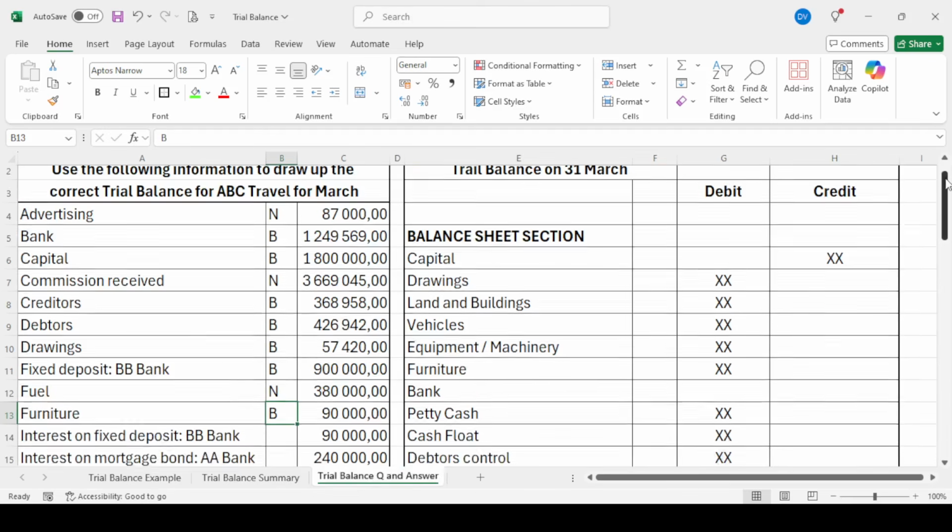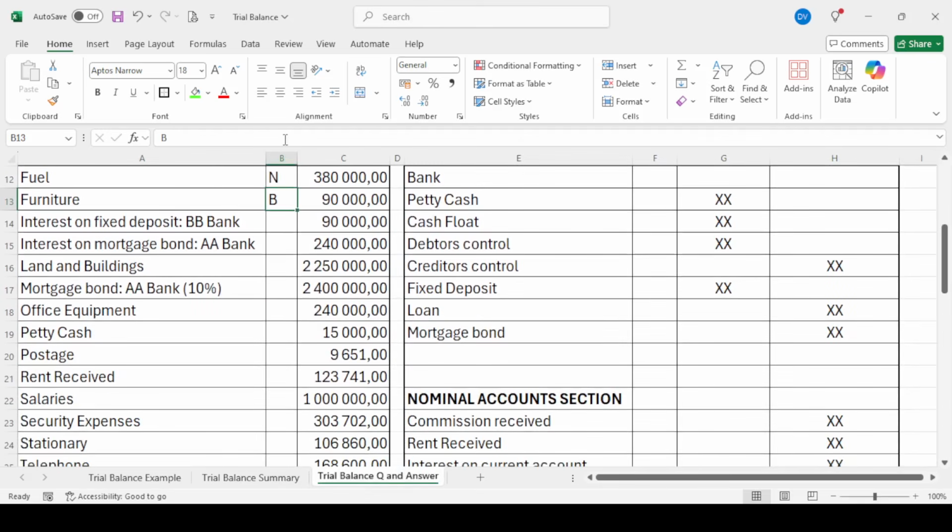Furniture, B account. Interest on a fixed deposit is money that you're making, you're receiving it. It's an income, so it goes under your nominal account section. Interest on a mortgage bond is an expense. You have to pay that money, so it also goes under the N account.